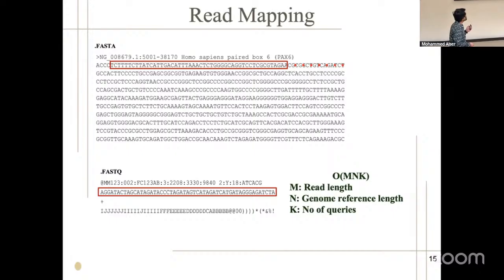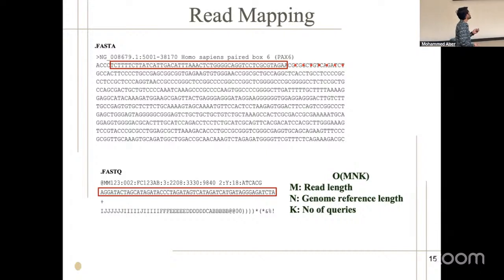So if you check all the way through the genome, how much time will it take? And you also check multiple reads. If you generate reads from a human genome, you will get millions of reads.